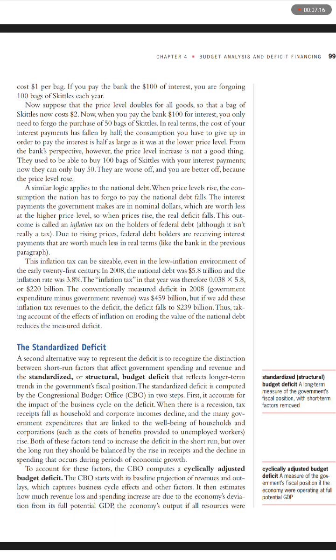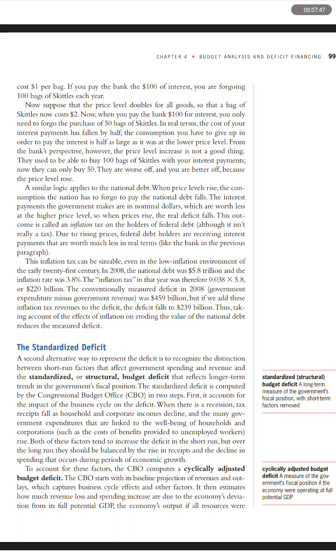This inflation tax can be sizable, even in the low inflation environment of the early 21st century. In 2008, the national debt was $5.8 trillion, and the inflation rate was 3.8%. The inflation tax in that year was therefore 0.038 times 5.8, or $220 billion.